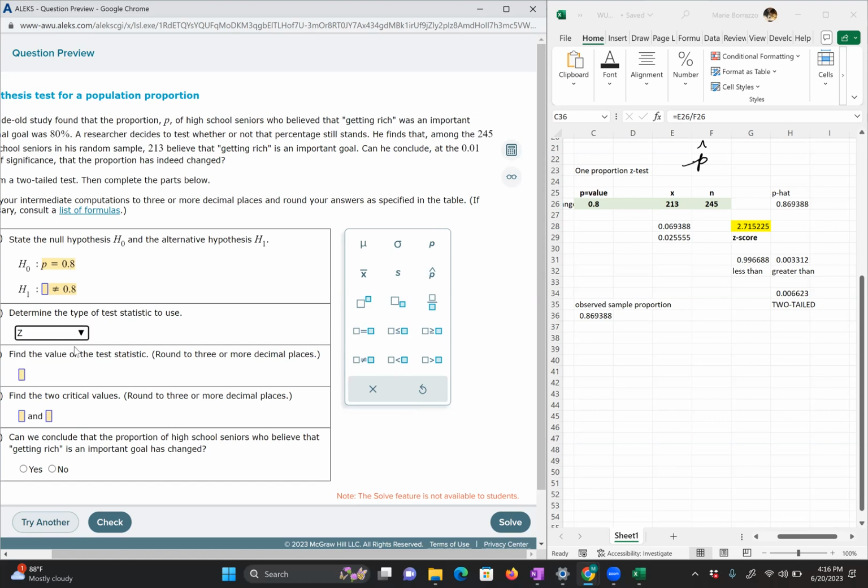As a z-test, the value of the test statistic is in yellow, 2.715.